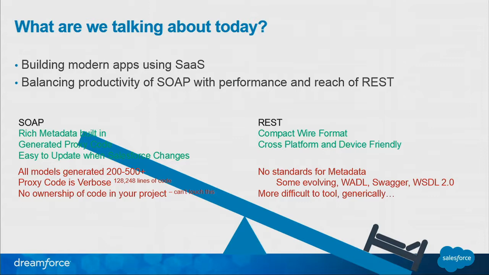However, there's no metadata by default in those payloads, by design. There are some standards evolving with things like WADL and Swagger and a couple others, and we're working on tooling to take advantage of that. But a lot of these services don't have that information in a standard format, and that's something we worked hard to try to resolve.